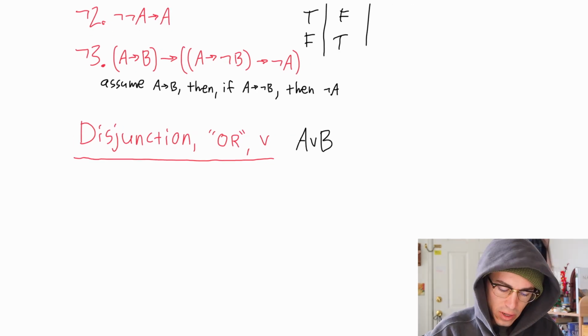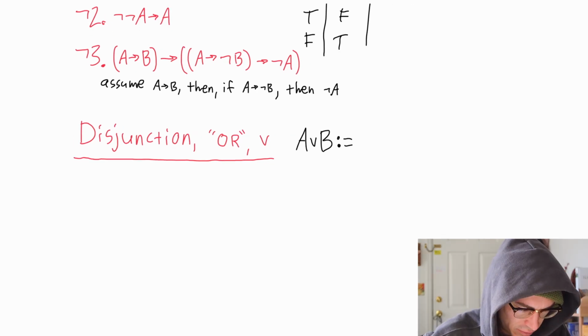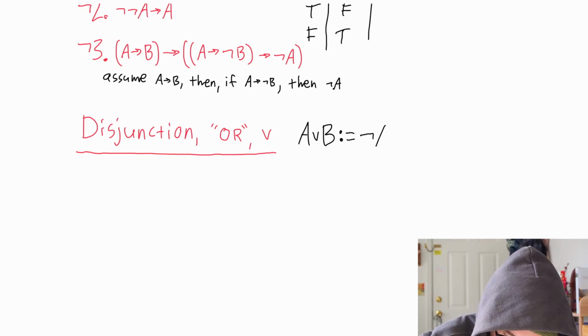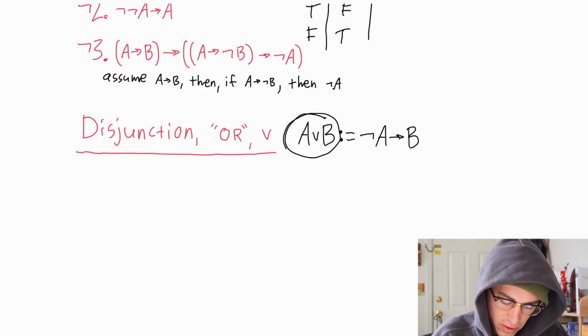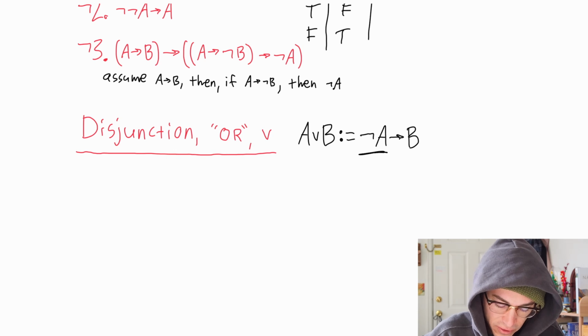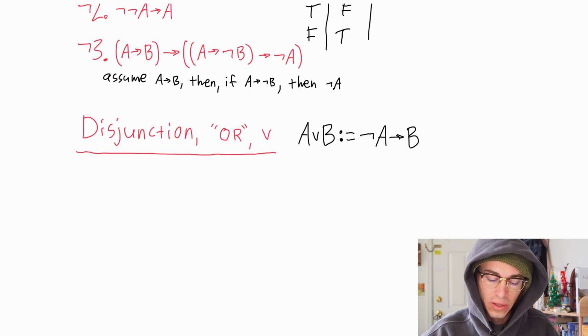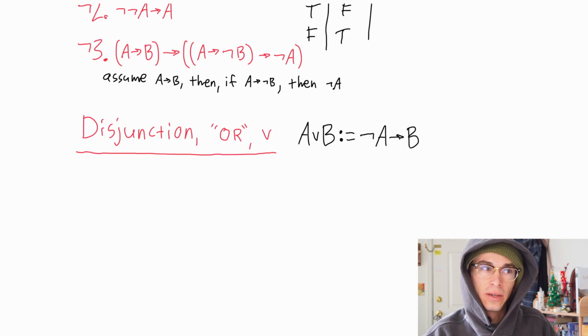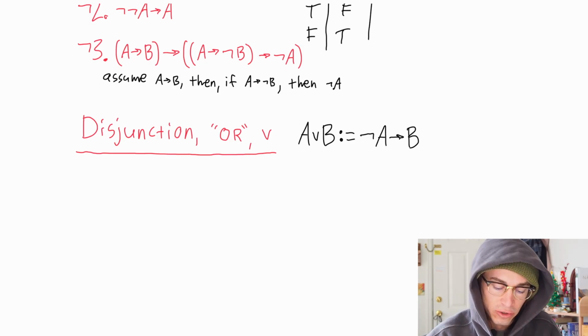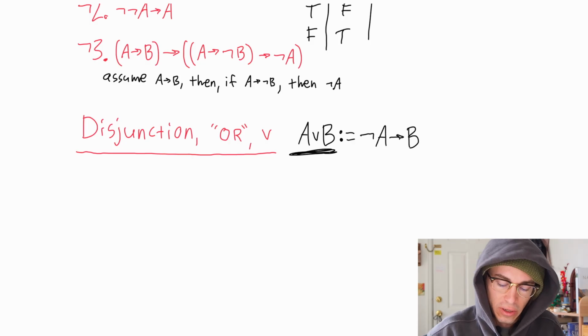So A or B is defined using only the implication arrow and negation as not A implies B. So if you want A or B to be true, then if A is false, B must be true, and the other way around. That is to say, at least one of them, A or B, has to be true in order for this whole thing to be true.